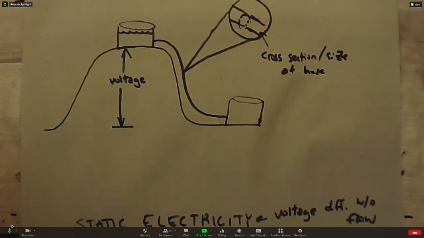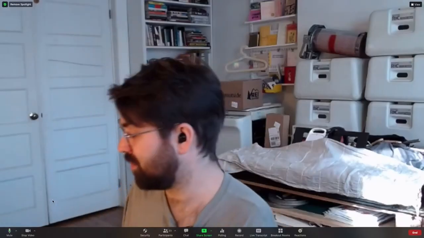And as you might be able to imagine, the different possible sizes of that hose are going to affect how quickly that water will flow between these two tubs, right?